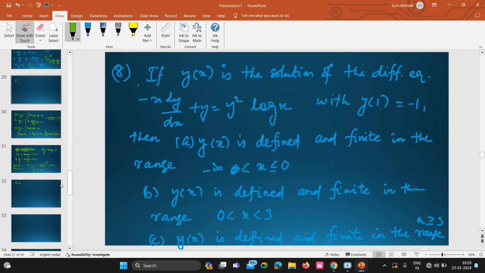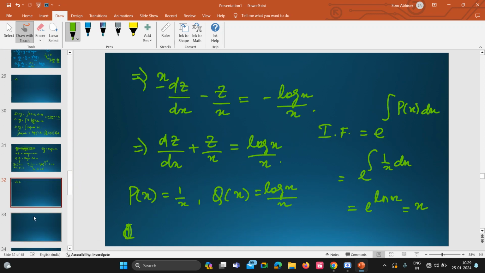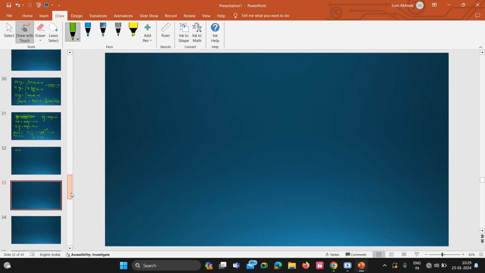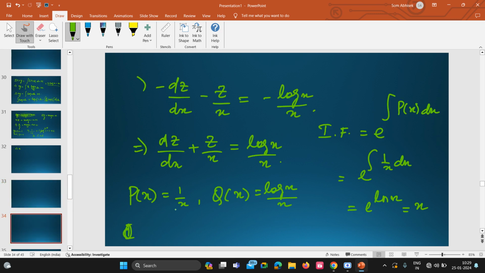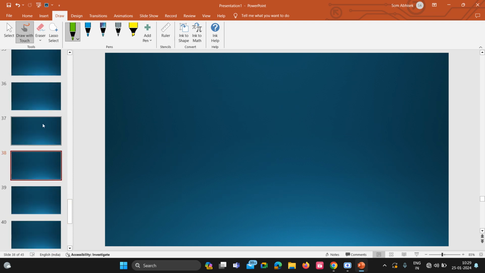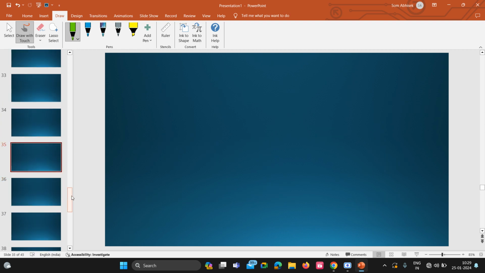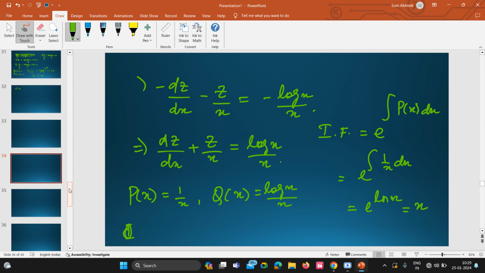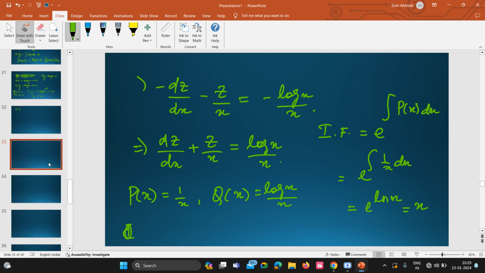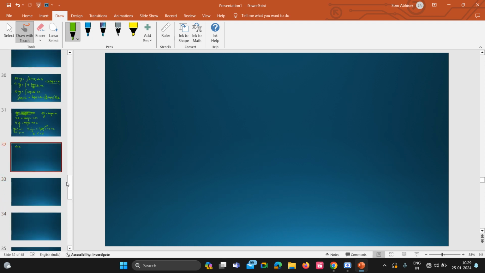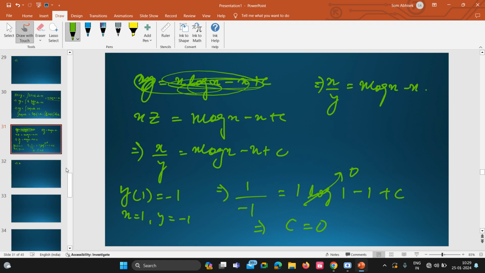We got the solution x by y is equal to x log x minus x.